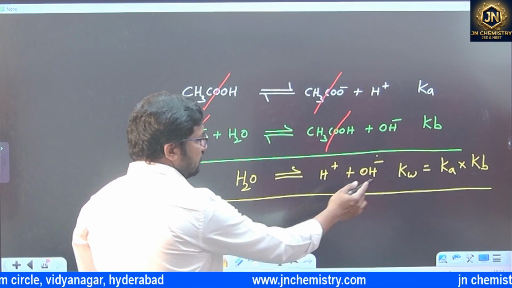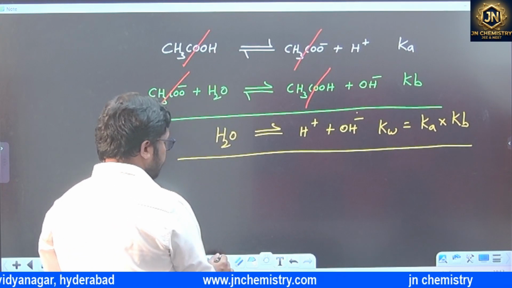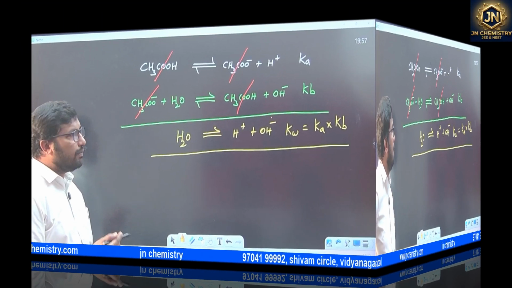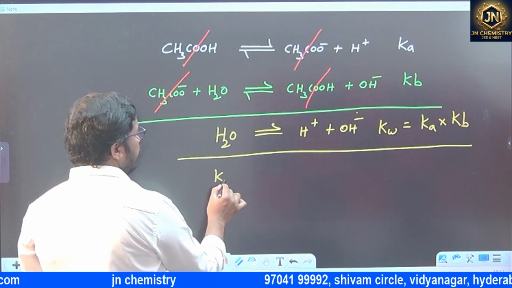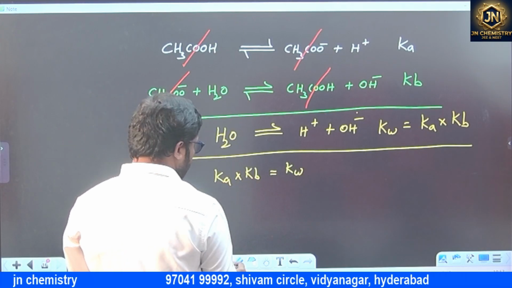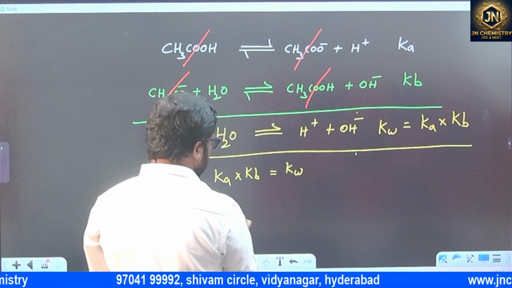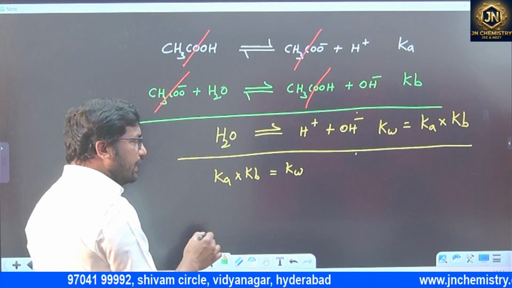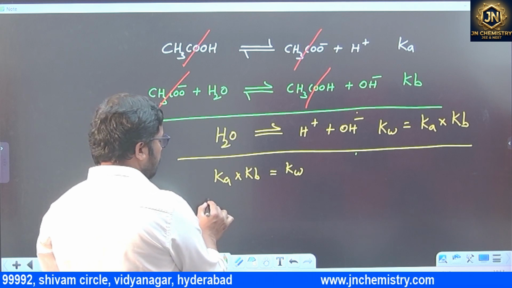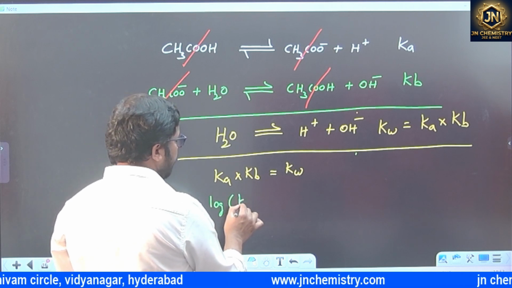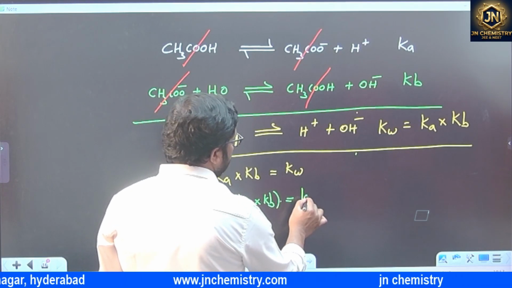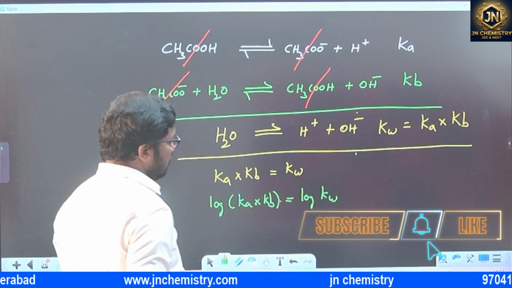Kw is equal to Ka into Kb. So, same as Ka into Kb is equal to Kw. Apply the log on both sides now. Log of Ka into Kb is equal to log Kw, right?